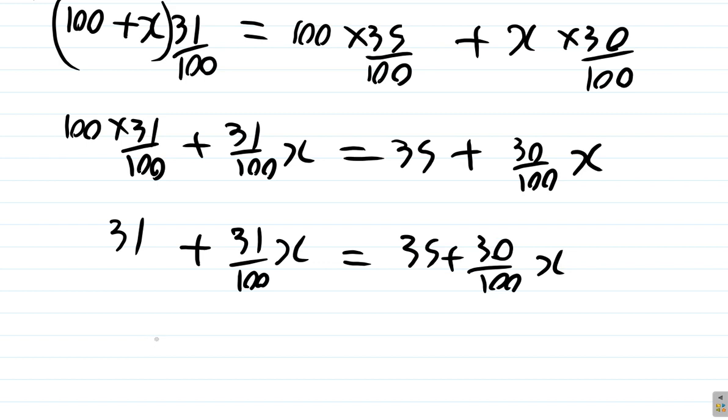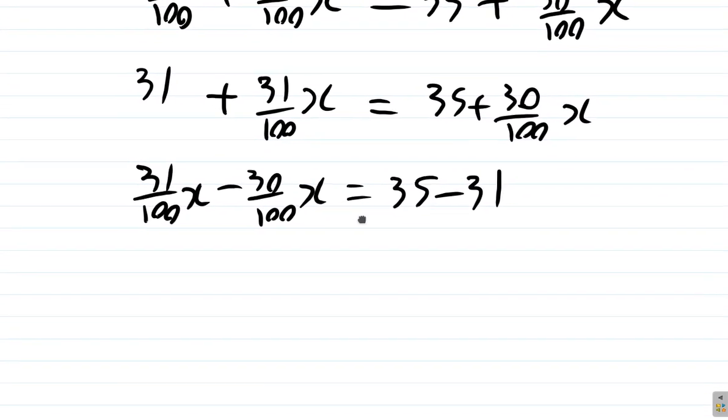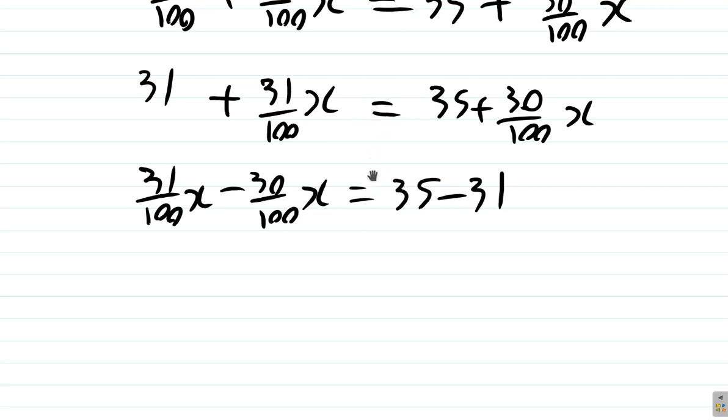Now, let us subtract 30 out of 100 x and also subtract 31. What we get is 31 out of 100 x minus 30 out of 100 x, so 31% minus 30% equals 35 minus 31. If you didn't fully get this part, you could pause.